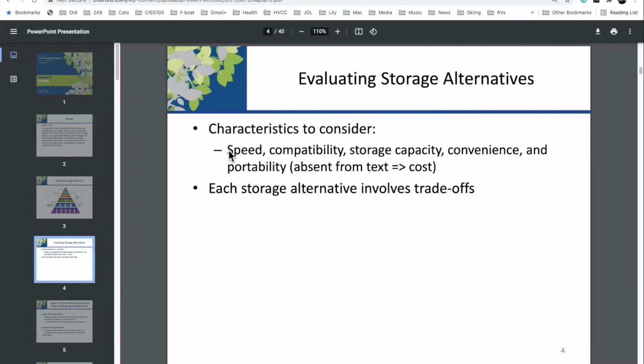So the textbook presents characteristics to consider: speed, compatibility, and this is huge, storage capacity, convenience, portability, can we take it with us? Absent from the text is cost. And we're going to look at this down the road because we will do cost-benefit analysis to determine what may be best for us. We need this type of efficiency, but we have limitations on what we can spend.